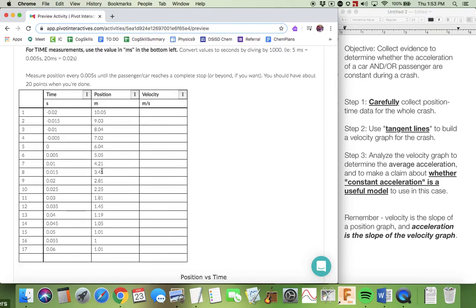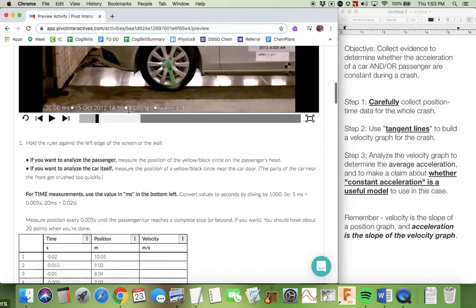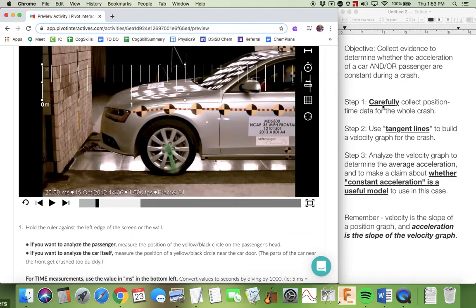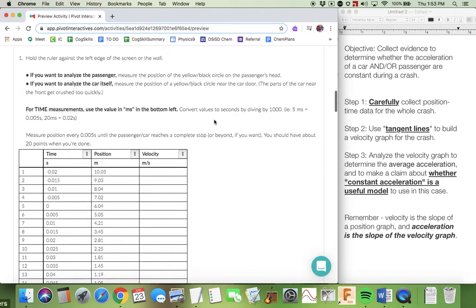Velocity graphs are difficult to make, and it'll make it even more difficult if your position data is super rough. So that's just a plug for making sure that your data is carefully collected, and do your best if it's not on the line exactly to decide what the nearest centimeter actually is.